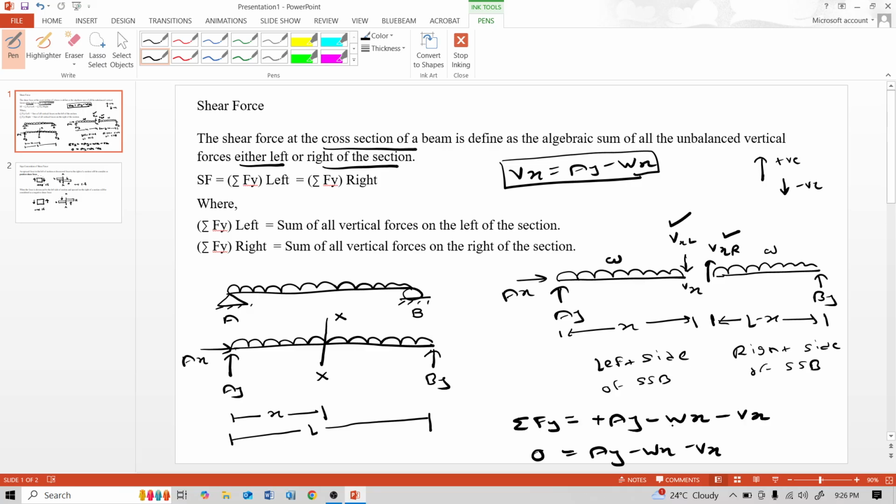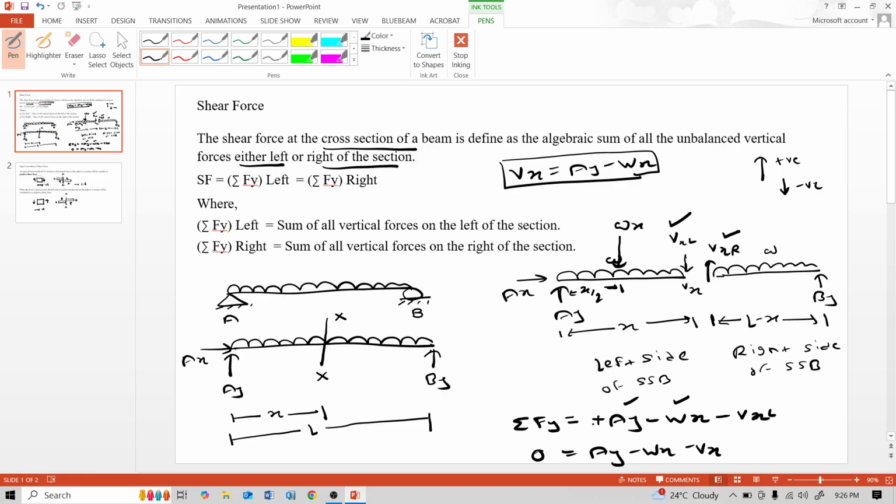This positive Ay minus W into X, this is uniformly distributed load W, acting on x distance. That means this force acts like a Wx at x by 2 distance from A. That's why positive Ay upward, Wx downward, that means minus Wx. This Vxl is downward, that means minus Vxl.